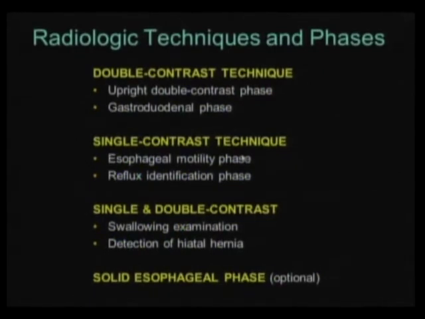We perform the double contrast examination technique, usually in upright position and in left posterior oblique position, and we also perform the gastroduodenal phase by double contrast. With single contrast, we evaluate the motility of the esophagus and try to identify the gastroesophageal reflux. Additionally, we evaluate the swallowing and try to detect hiatal hernia, by double or single contrast.